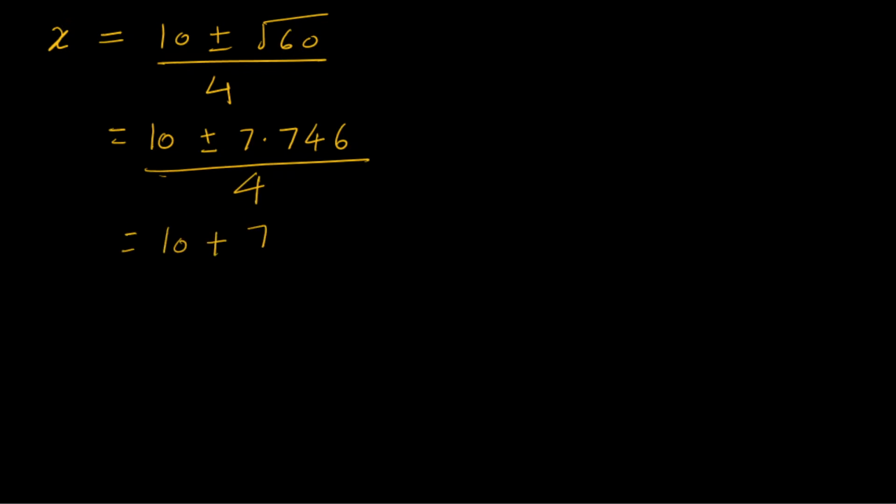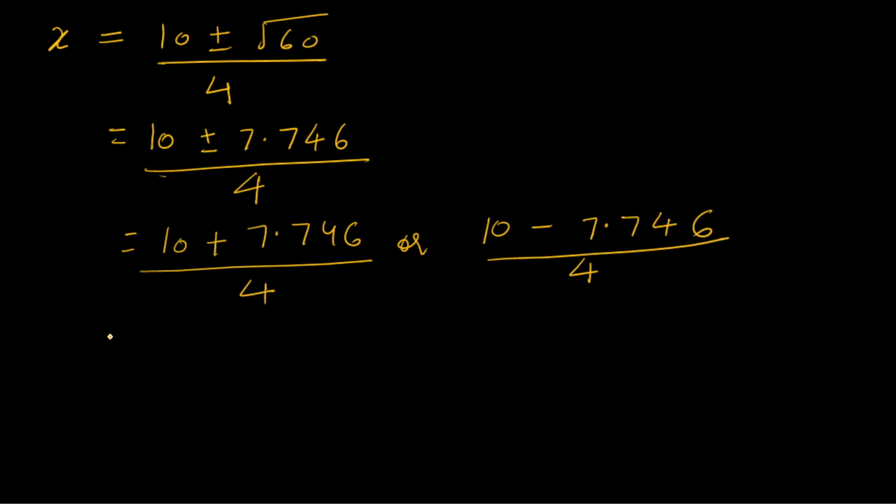10 plus 7.746 by 4, or 10 minus 7.746 by 4. Now let's divide it. First of all, we have to add. So 10 plus 7.746 is 17.746, by 4, or 10 minus 7.746.